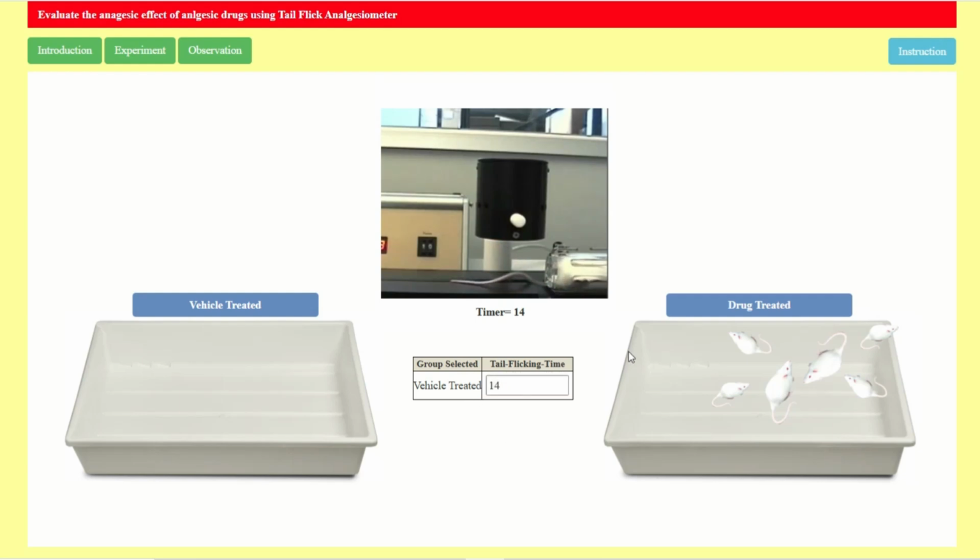Next we will try the drug treated group. We will see how much the time is increasing. Now we will click the first animal. For the first animal it has taken 13, so we will write 13. We will click the next animal. Here it has taken 15 seconds, so we will write 15.